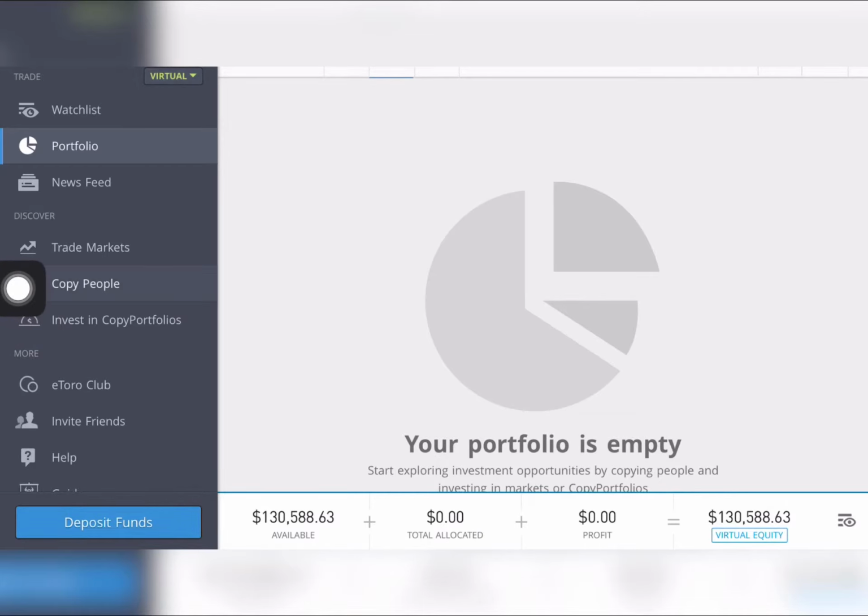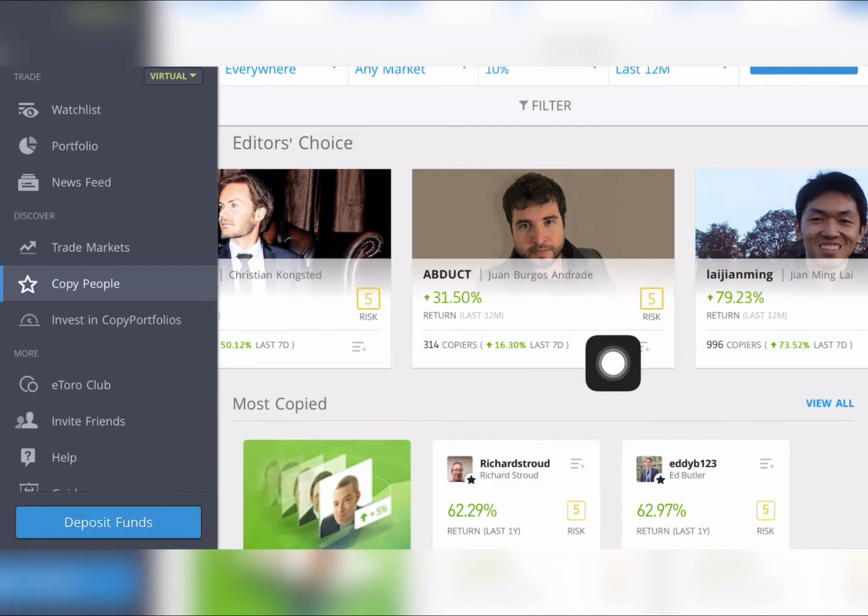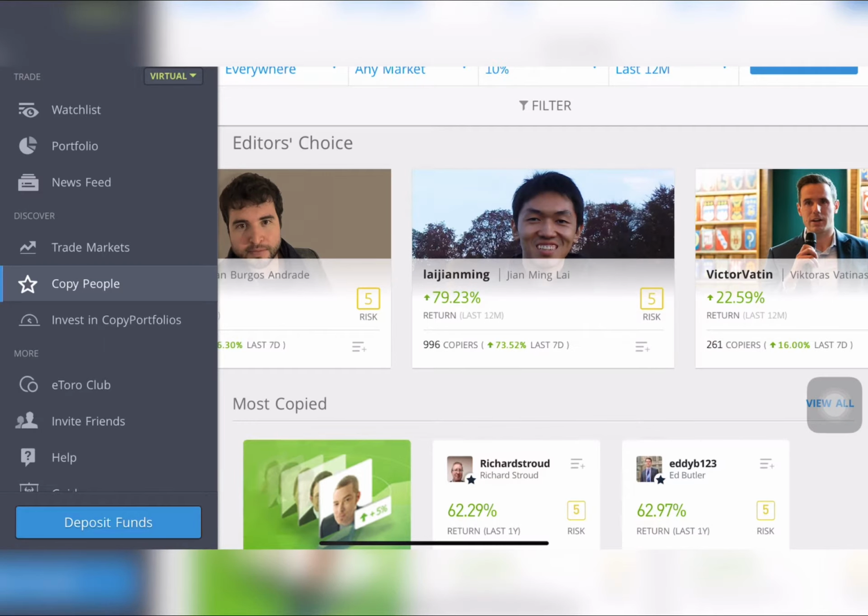By the way guys, what you need to do is check yourself. You need to know your risk appetite. The risk appetite is measured from 1 to 7. 7 is the highest, that's the aggressive investors. 5 is the moderate one, and below 5, that's the conservative one. So check yourself.